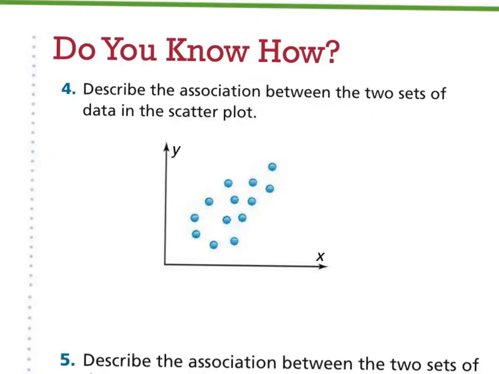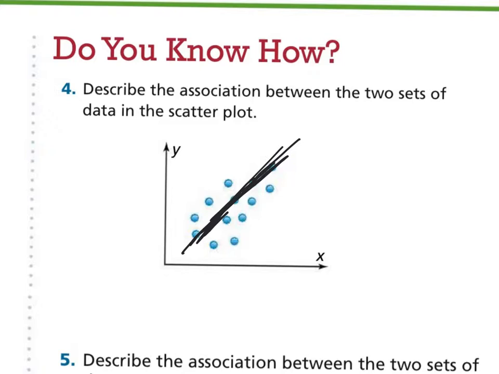So if we look at the Do You Know How number 4, they want us to describe this association. So again, looking at these, we think about whether we can draw a line that's going to kind of represent these points. And if we can, thinking about whether that's a positive or negative relationship, and then whether it's strong or weak. So this one, we can probably think of drawing a line somewhat in this direction, with some points above, some below, maybe some on the line.